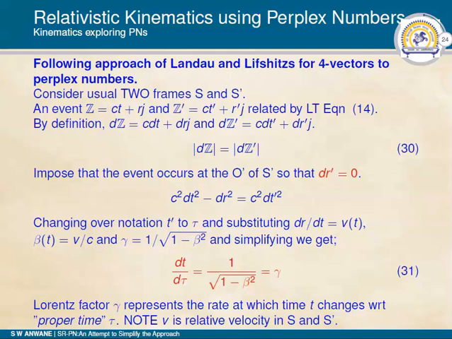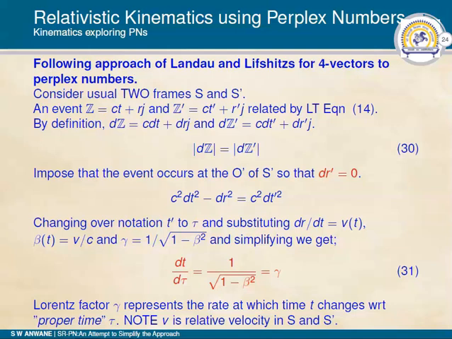The events being represented by 2 letters Z and Z dash for 2 observers are not different. It is one and the same. So you can take liberty to equate Z and Z dash for being physically the same.